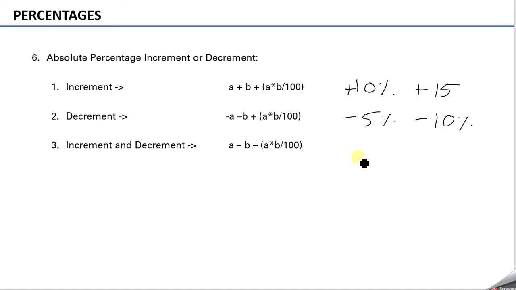But now say he is first marking up the price by 10% and then giving a discount of 5%. So what is the aggregate effect of these combinations? You can get it by using these formulas. So I hope everyone understood this. Now we'll move on to solving questions on these, taking examples based on these concepts.